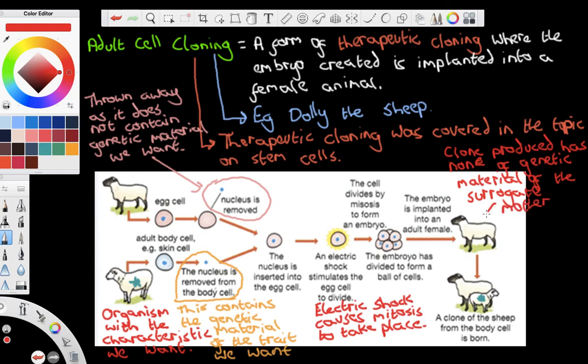A surrogate mother is an organism that carries offspring that aren't their own. They carry offspring for another organism.